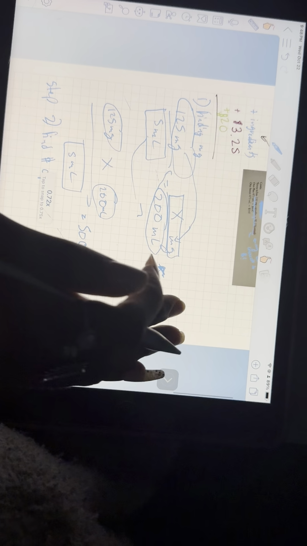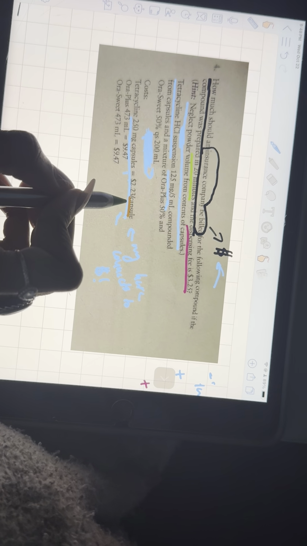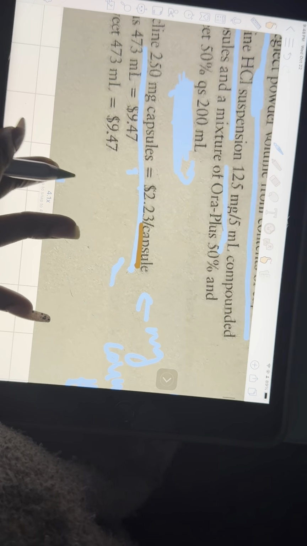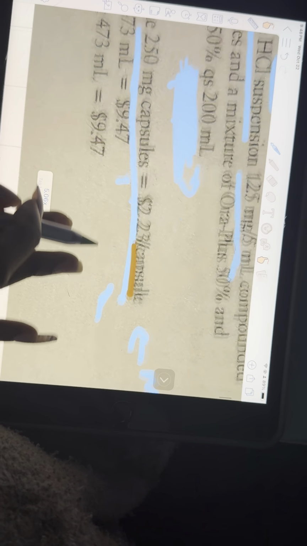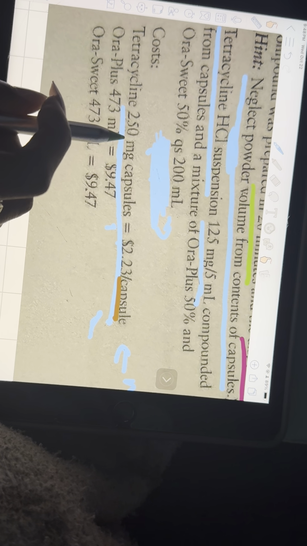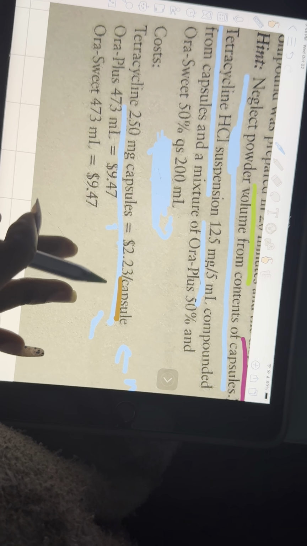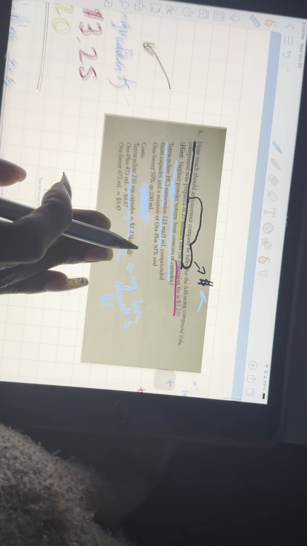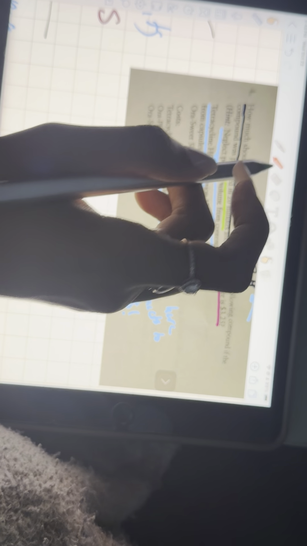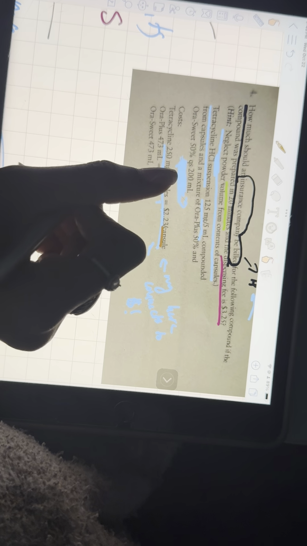Now we go back to the problem and ask, where can I find tetracycline HCl with capsules? Boom, right here. As you can see, it says capsules, and it also says it here: tetracycline 250 milligrams capsules equals $2.23 per capsule. Remember, slash is the same thing as equal.